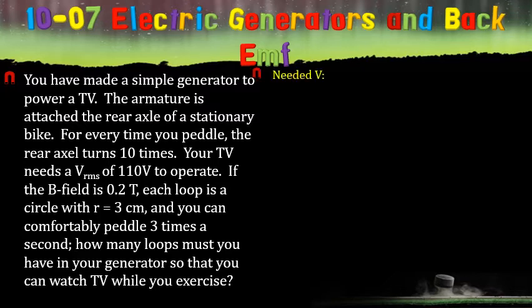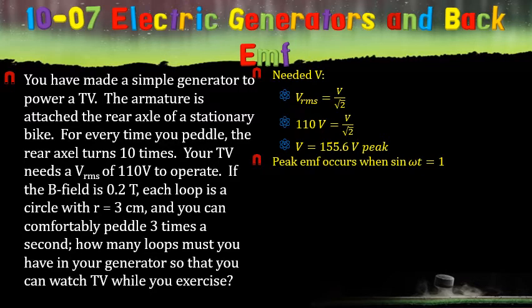Well, a few things. The formula had maximum volts, so we need to find our maximum volts. We have the RMS volts. RMS was our maximum divided by the square root of 2. All right, so our V RMS was 110, multiply that by the square root of 2, and our peak voltage then is about 155.6 volts. That volt is the same thing as our EMF.